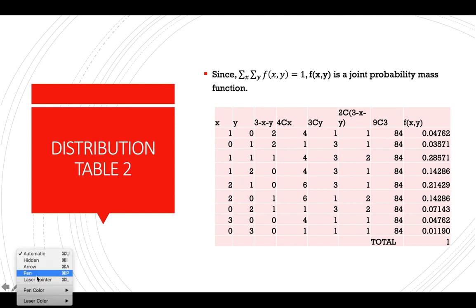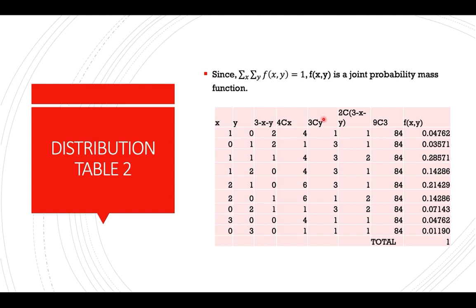This is the detailed computation, no? The first column will be the possible values of x, possible values for y, and then 3 minus x minus y refers to the number of bananas in the sample of 3. And then we get the combination. For combination taken x, possible ways to select the apples.